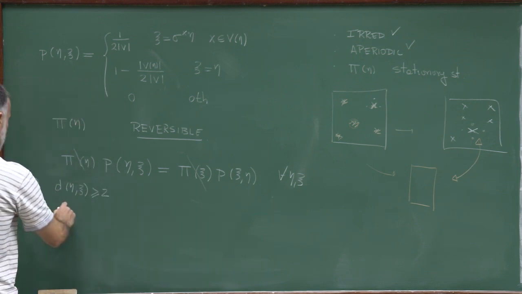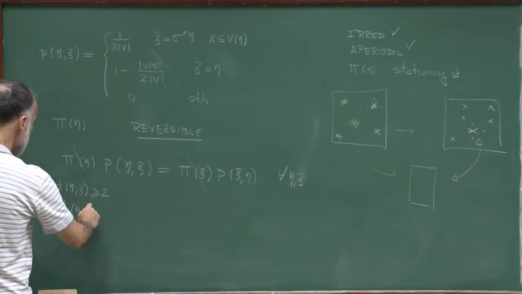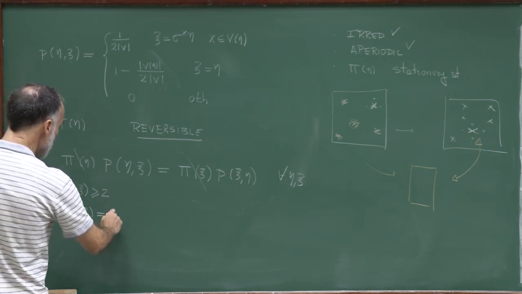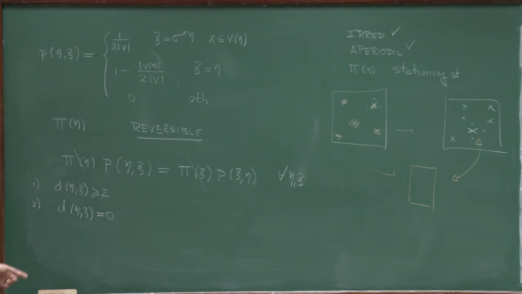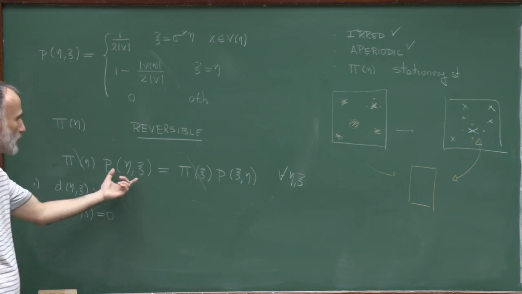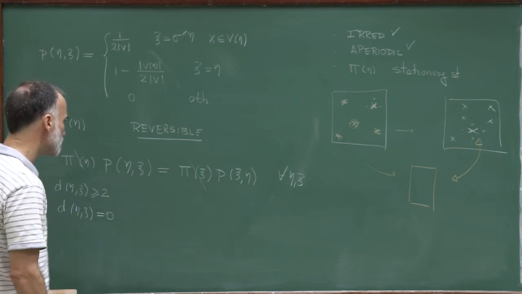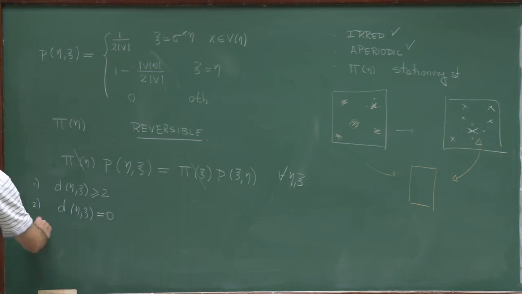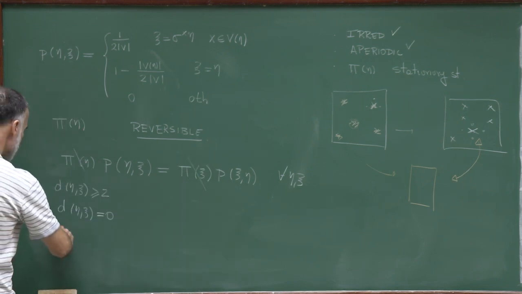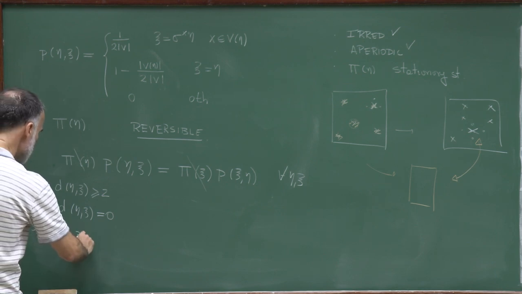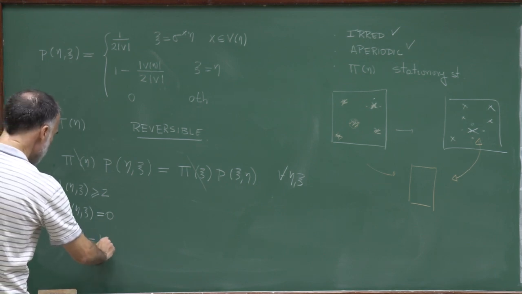Now, if the distance between eta and psi is equal to 0, this is also true, because this means that psi is equal to eta, and this is trivially true. So the only important case is the case in which this distance is equal to 1.